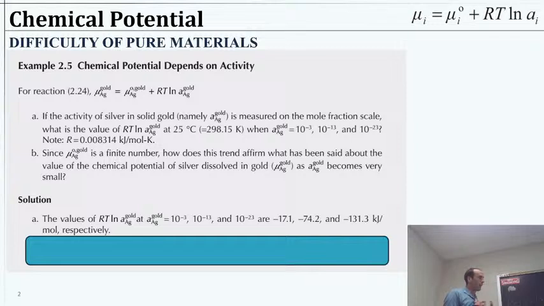Okay, so hopefully that makes some sense, so that entire value of the right side of that equation gets smaller and smaller, or rather a larger negative number. So if we think about part B, what we talked about last time, with a very small amount of some element being in a system, given some standard state, eventually the chemical energy here, or the chemical potential, is going to be negative as a whole.